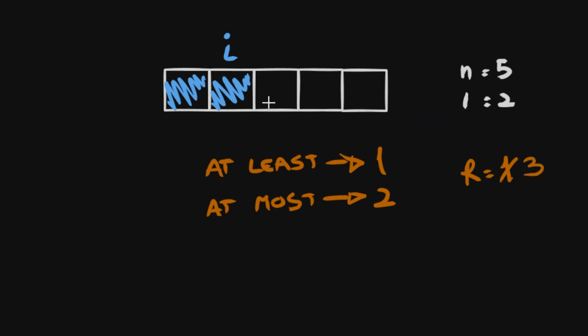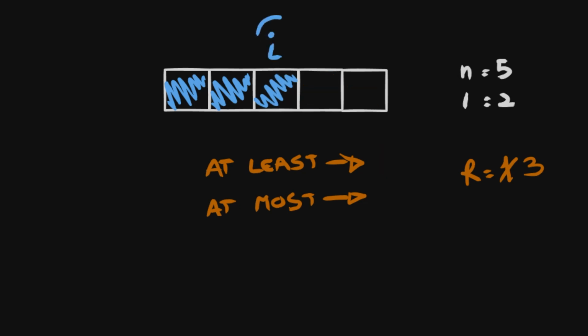This means that we can give 1 candy to the second child and 2 candies to the third child, or we can give 2 candies to the second child and 1 candy to the third child. That's where the 2 comes from, and that's why the result is now 3 when I is fixed at index 2. So now we update I and we repeat the same process.